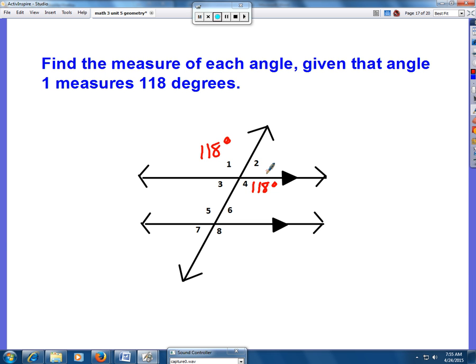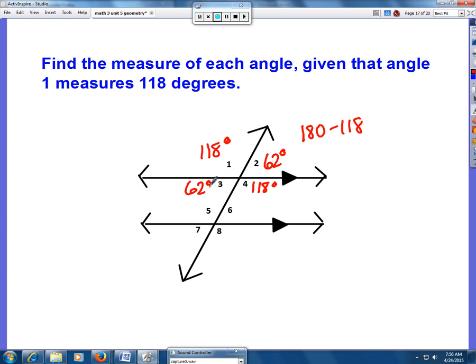So now what do I do about 2 and 3? Well, 1 and 2 are our linear pair, which adds up to 180. So if I do 180 minus 118, I get 62 degrees. Let's check that. 118 plus 62, yeah, that's 180. So since 2 and 3 are vertical angles, I also know that's 62 degrees.